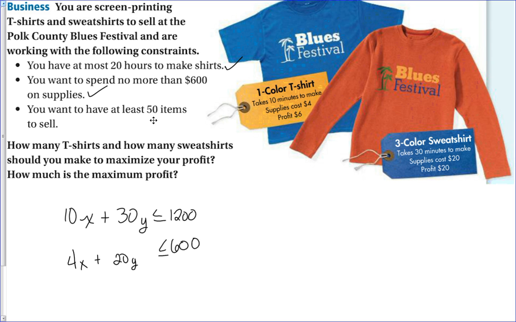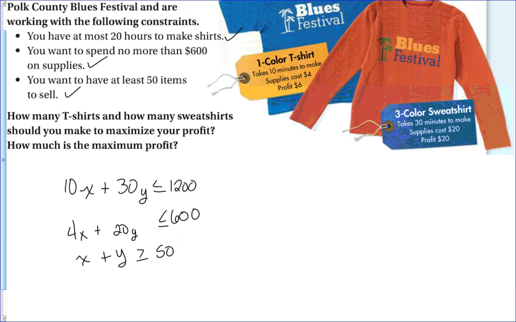You want to have at least 50 items to sell, so t-shirts plus sweatshirts will have to be greater than or equal to 50, because we want at least 50 to sell. Now, we have two more constraints here. We're going to be constrained by our axes. X has to be greater than or equal to 0 because obviously we can't go below 0 shirts, and y will also have to be greater than or equal to 0 for the same reason.